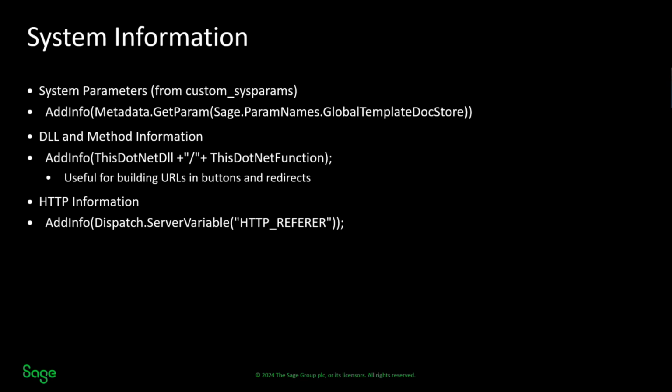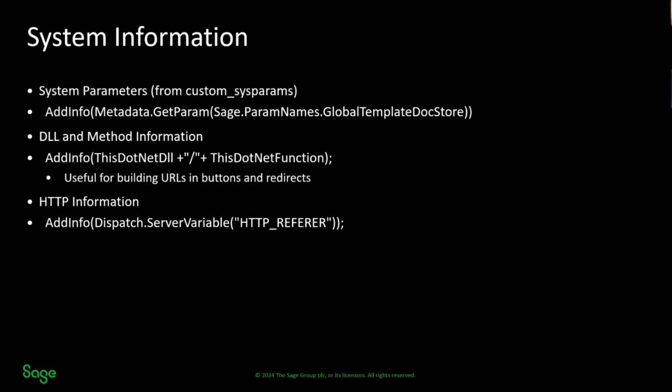So you've got the ability to get hold of this .NET DLL and this .NET function to work out where you are, and that's useful for building returns and for building buttons. Buttons which will send you off somewhere, and then a URL path that you might want to do something and then return back to this original page.